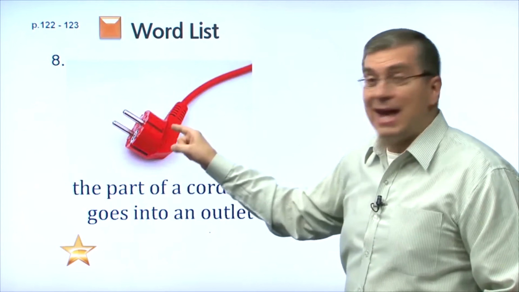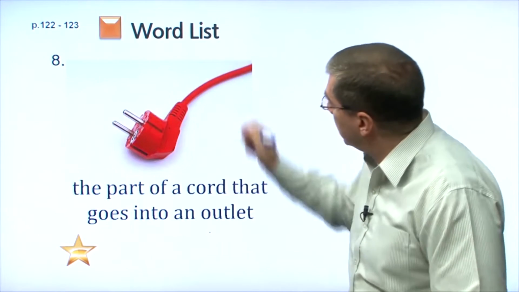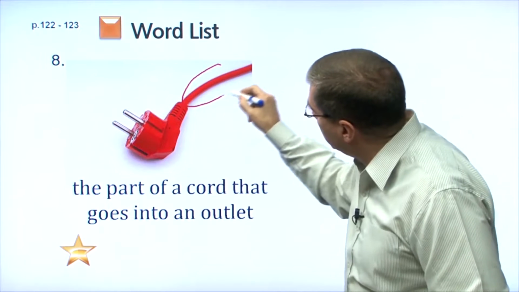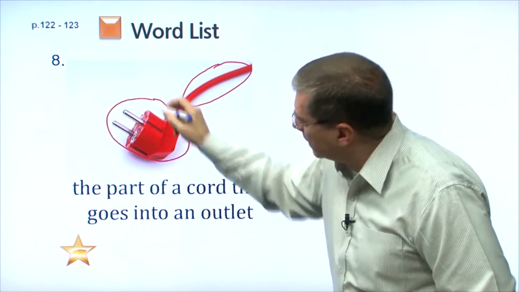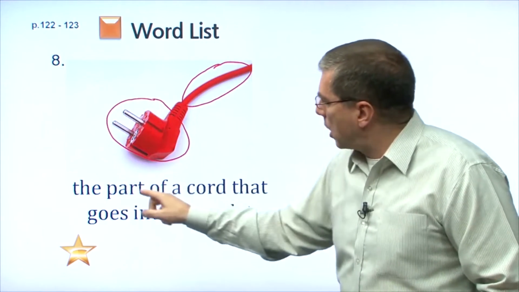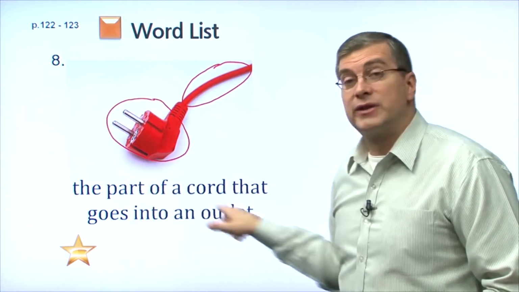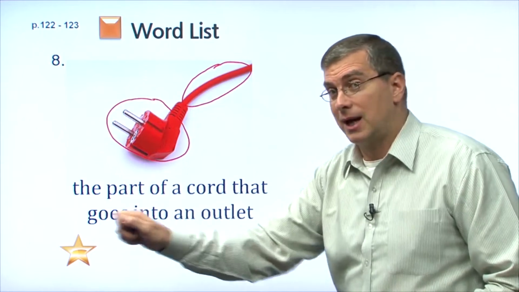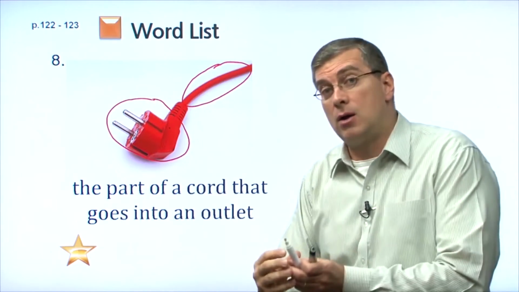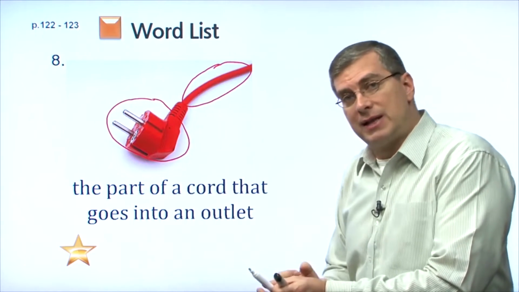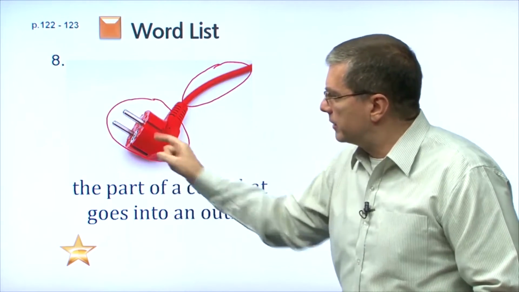Number 8, at the end of the cord, this is the cord here. This is the cord part here. What is this part? This is the part of a cord that goes into an outlet. You have to connect your cord to your outlet to get the electricity out. What do we call this part?